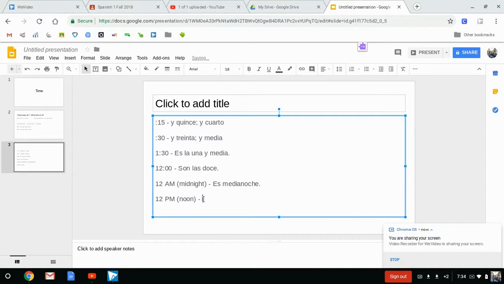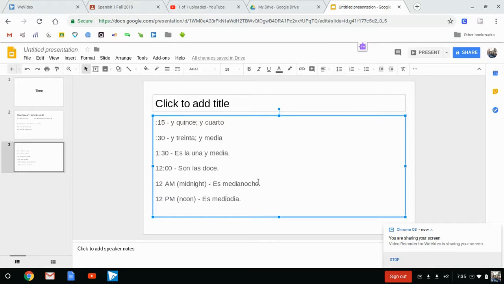And then for 12 p.m., which is noon, very similar thing, es mediodía. There should be an accent on this last I here, mediodía. And that's again, mid, medio, and día, day. If you're a detail person, you may have noticed media versus medio.